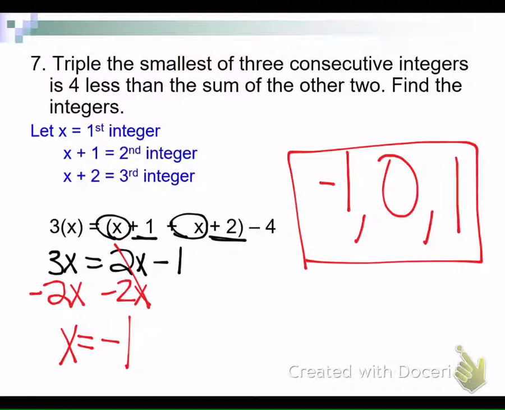Triple the smallest would be 3 times negative 1, which is negative 3. That should equal 4 less than what I get when I add these two. What's 0 plus 1? And what's 1 minus 4? Negative 3. So this does check out. It's kind of difficult to check, but it does check out.